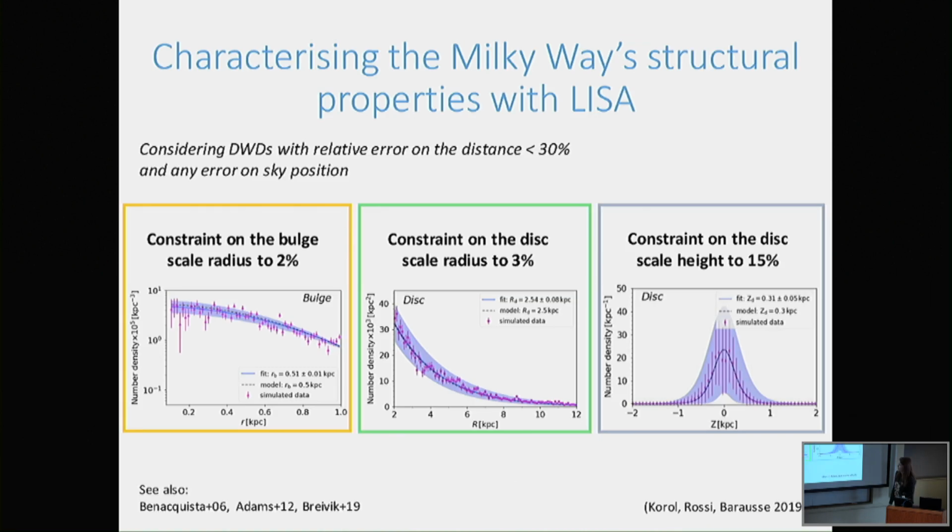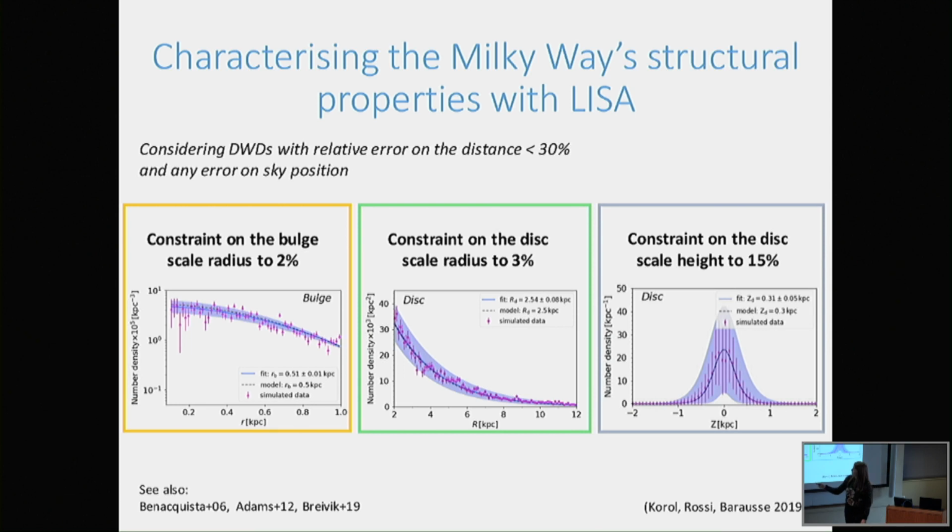So what I did next is to take their density distributions, and I divided them in bulge and disk. And what I'm doing here is just binning binaries in spherical shells in this plot, in cylinders here, and then layers here. And I divide my counts by the volume of the shell, so that I can get the number density.